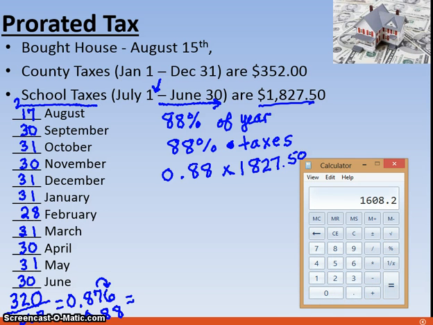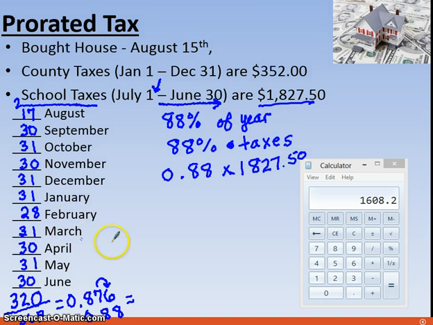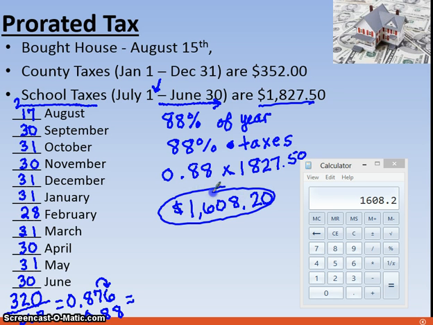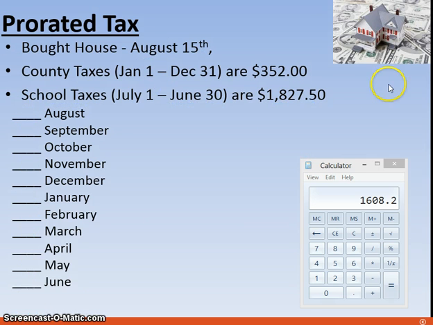We get $1,608, and we get 0.2, which literally means 20 cents. So this is how much we would have to pay in school taxes if we purchased the house on August 15th.